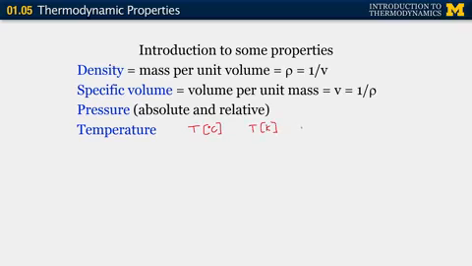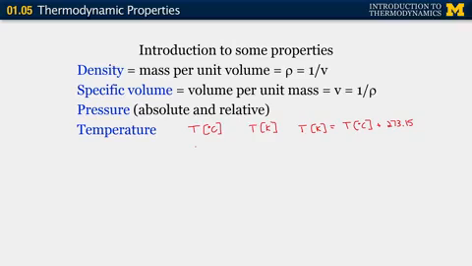And we can convert between the 2 just using this expression. Okay. So we just take the temperature in Celsius units, add 273.15, and that's going to give us units of Kelvin. So this, again, is the conversion from the relative scale to the absolute scale for the SI system.